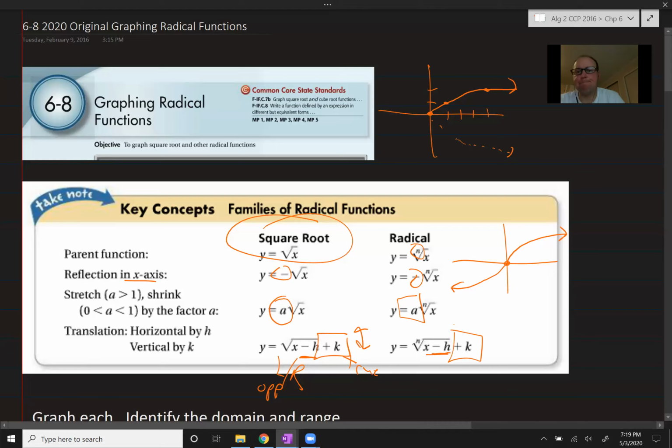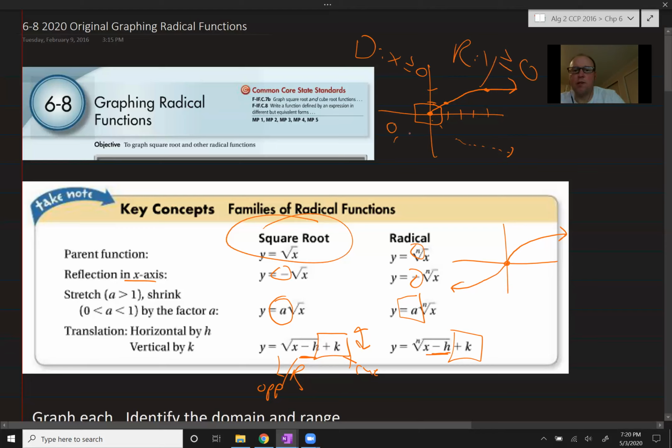Okay? So domain and range of the square root is going to be based on your starting point. Okay, often we're going to go to the right here in Algebra 2. So that means your domain is going to be x is greater than or equal to 0 for this one. And since this one is going upward, not downward, then your range becomes y is greater than or equal to 0.